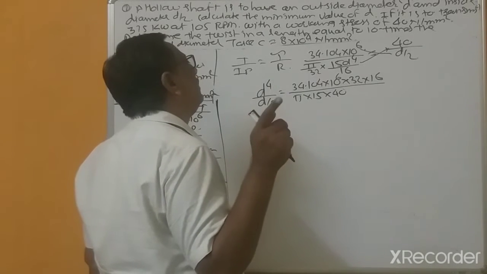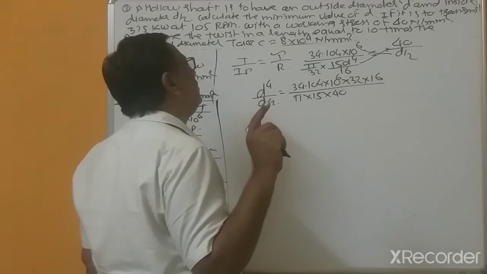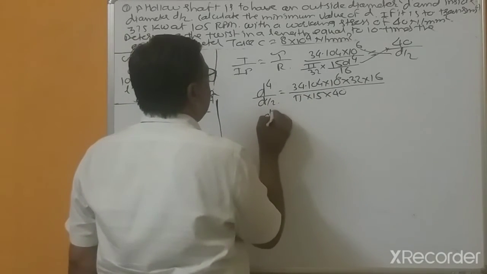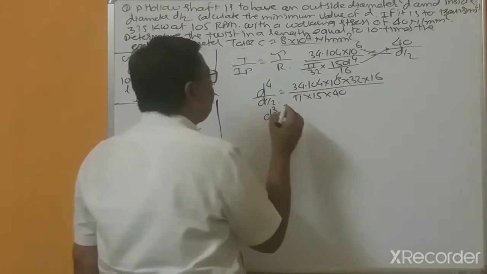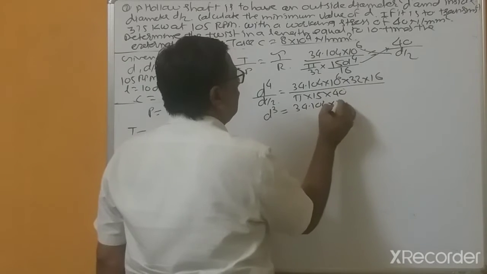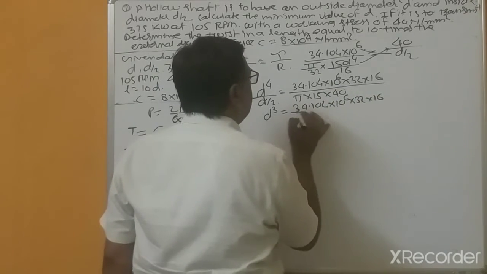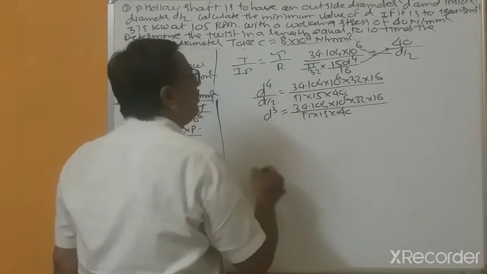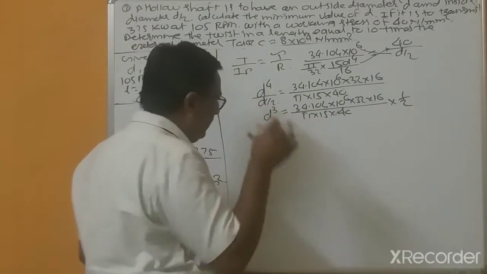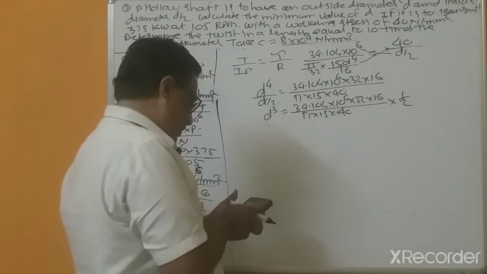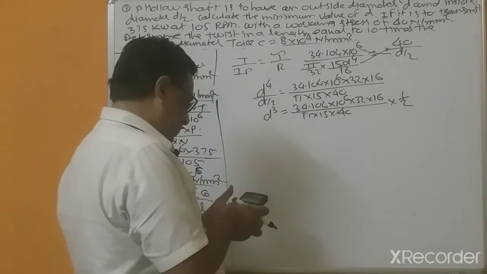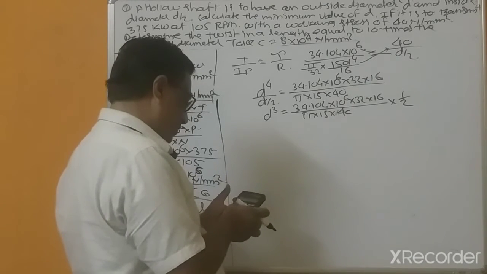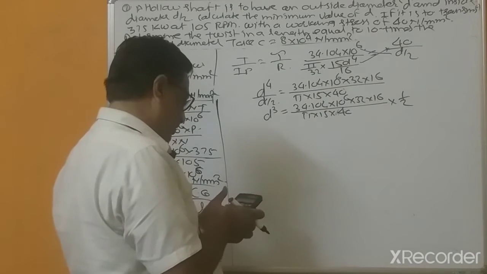So this d will get cancelled, d cube equals 32 into 16 divided by pi into 15 into 40, and this half goes to the right hand side, multiplied by 10 to the power 6 multiplied by 32 multiplied by 16 divided by 2 divided by 15 divided by 40 divided by pi.